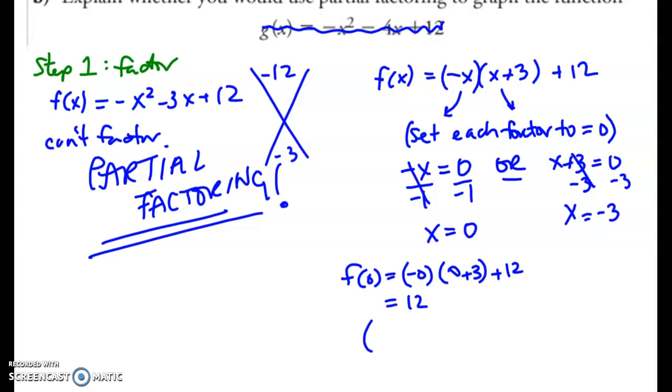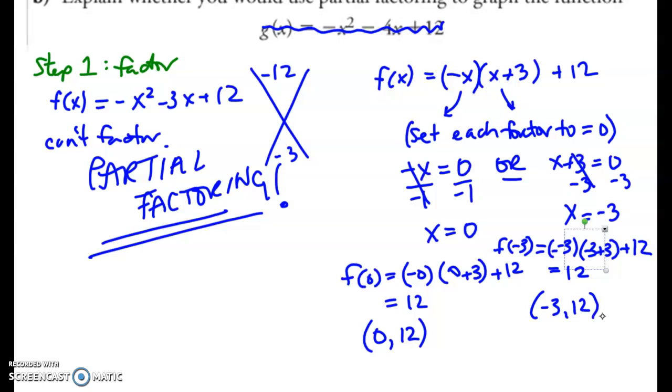So from that we know that x will be 0 and the y will be 12 of that point. And secondly, let's put the negative 3 into the function. We'll have negative 3 times negative 3 plus 3, and that equals 0, plus 12. And we find there that 0 plus 12 also equals positive 12. So we get the second point of negative 3 and 12. That is on the graph, and that's going to help us to draw it.